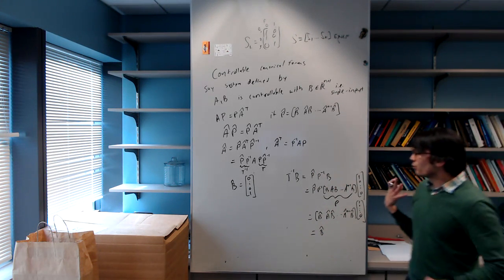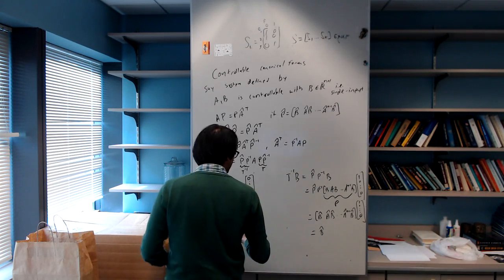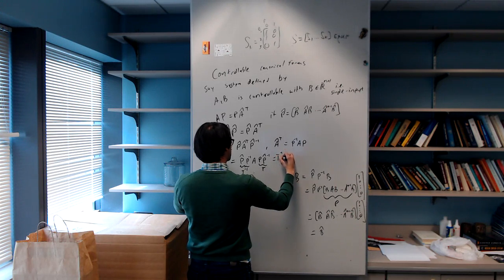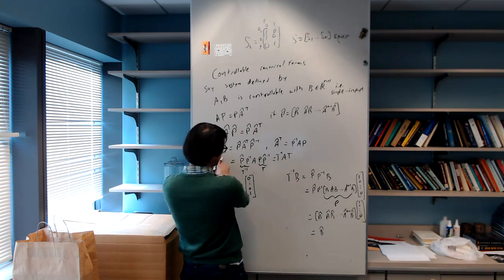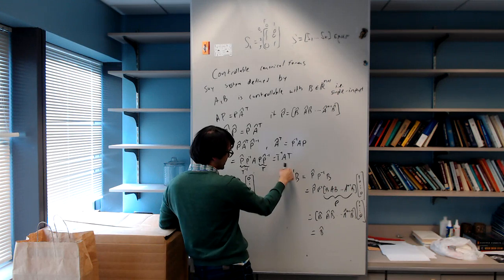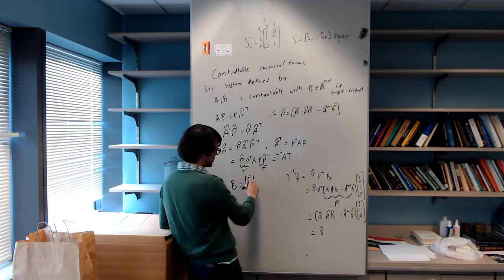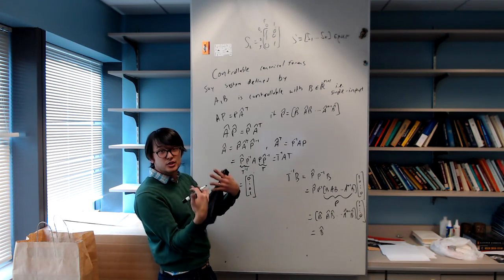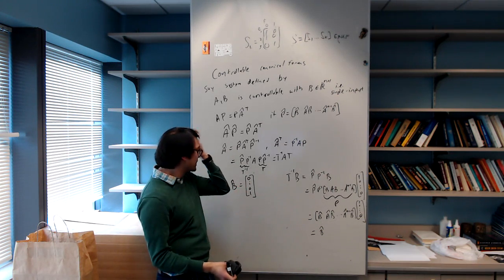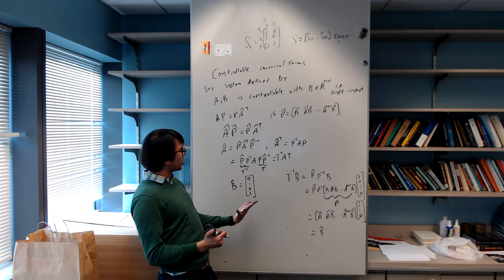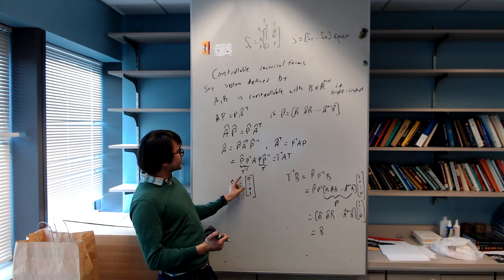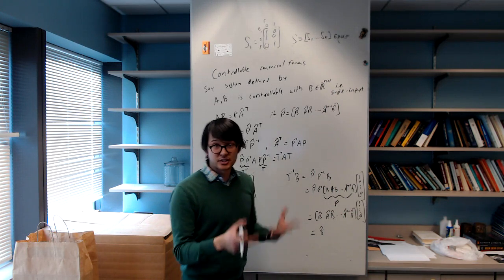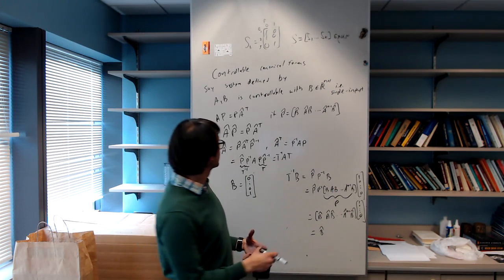So there we have our construction that T inverse A T gets you to the companion form, and this T inverse B gets you to this 0, 0, 0, 1 vector. So that's a transformation that, given any controllable system, we can construct in order to put us into this controllable canonical form, where this guy's a companion matrix, and this thing by construction tells us that it's a controllable matrix. It's a rank n matrix.